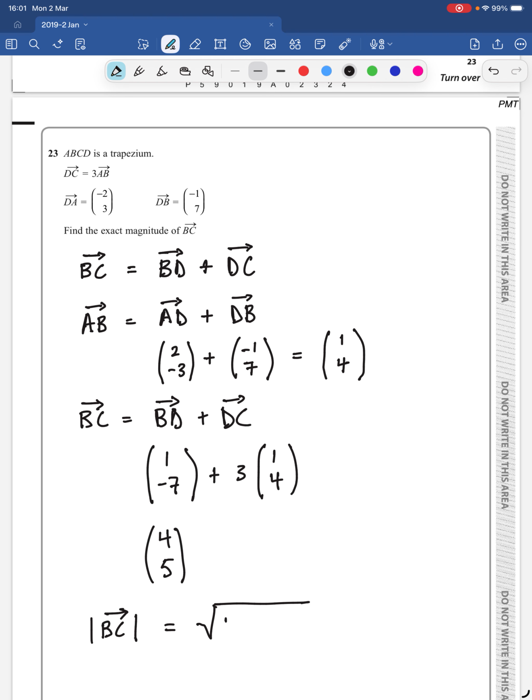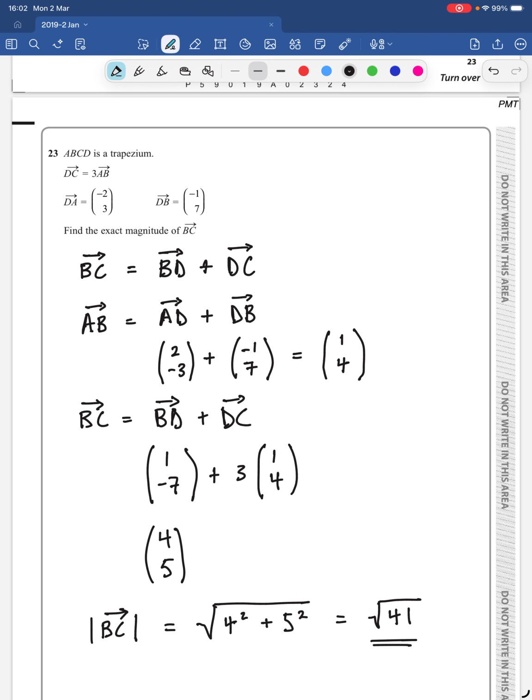So we can immediately just say 4 squared plus 5 squared, which is equal to the square root of 16 plus 25, which is 41. And that we can immediately see can't be simplified because 41 is a prime number.